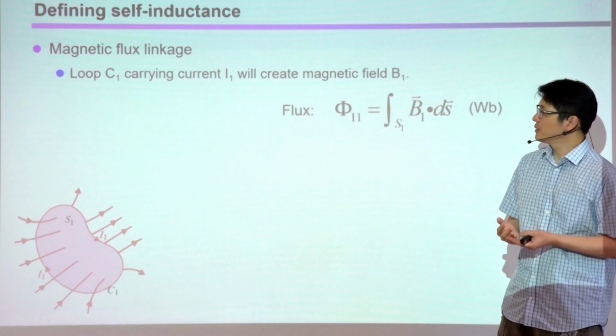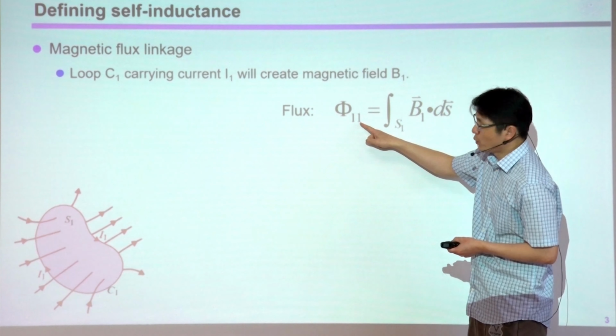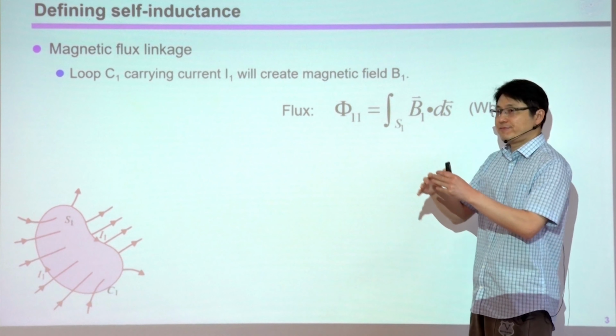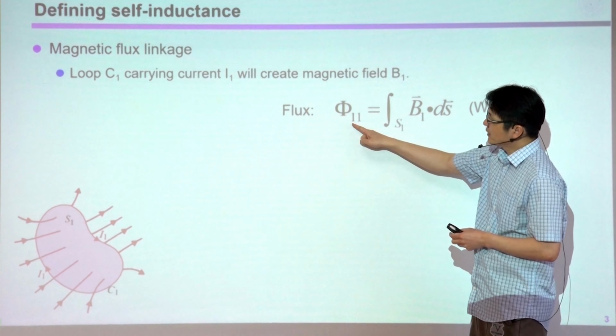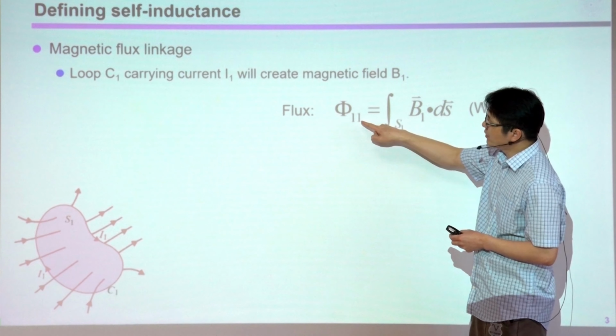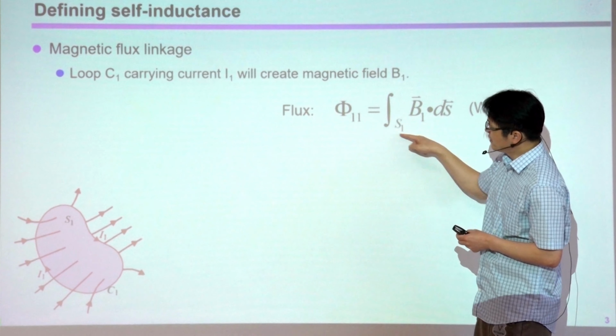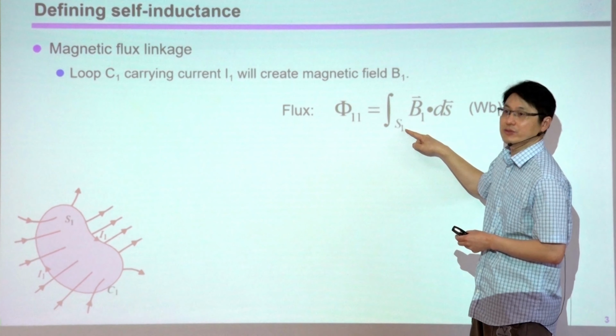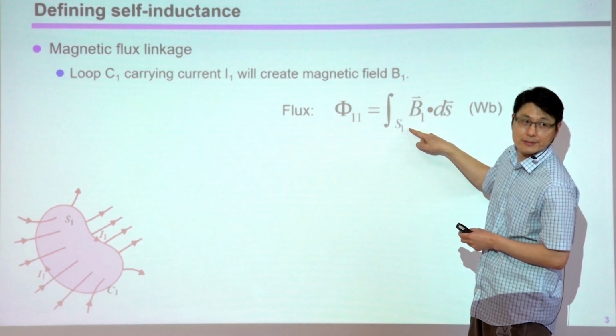So the second subscript 1 means the fields created by current loop 1 are now integrated over the surface area of also current loop 1.